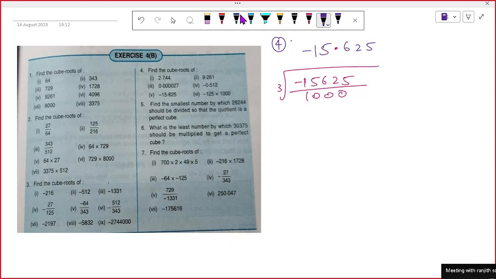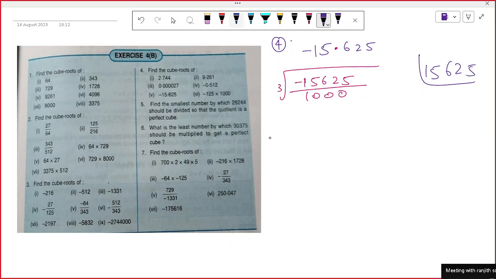Is Dhriti online? No, your voice is not audible, Dhriti. Can anyone hear Dhriti? No, right? Your voice is not audible, Dhriti. Okay, what's the answer for this, Joanna? Did everyone solve?